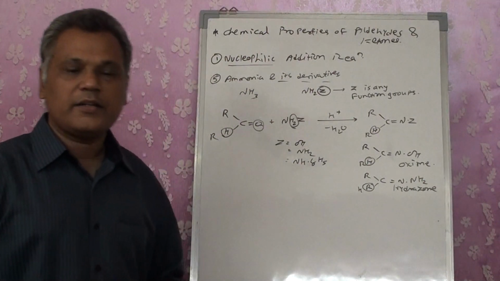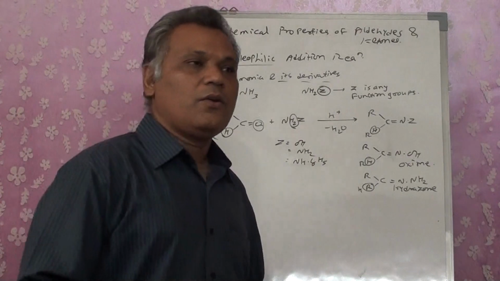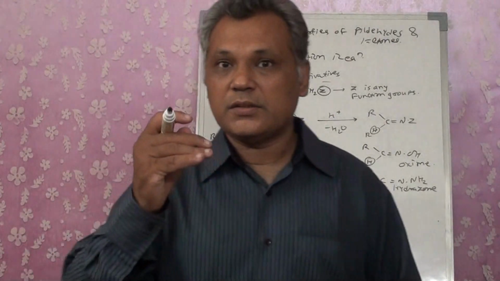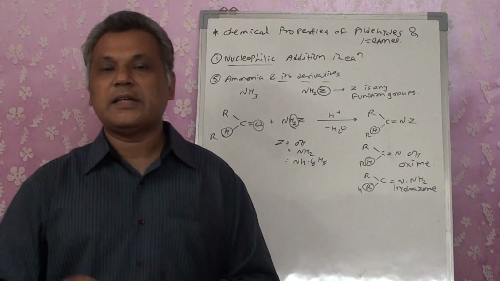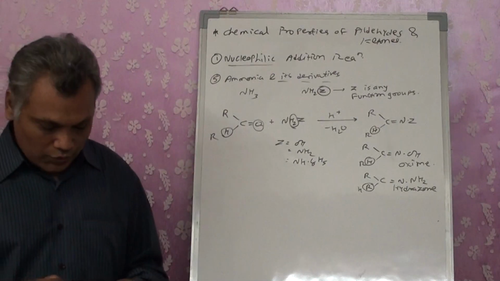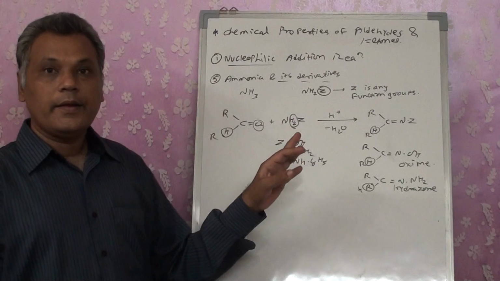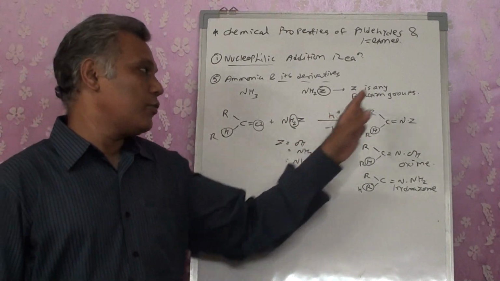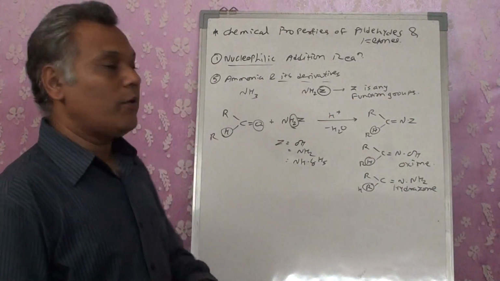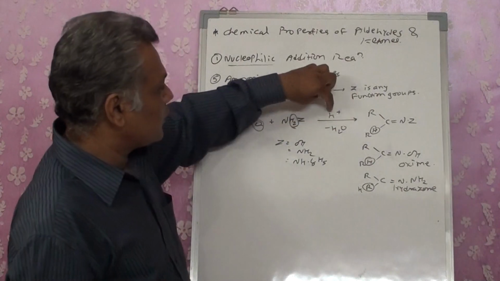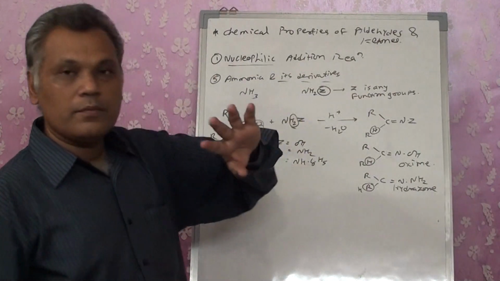Similarly, phenylhydrazone, semicarbazone or Schiff's base, all these different functional groups, with an example, are indicated in your textbook. You can be asked any of these Z groups in the examination for the product. Remember the condition that this reaction is carried out in acidic medium. That is a must.